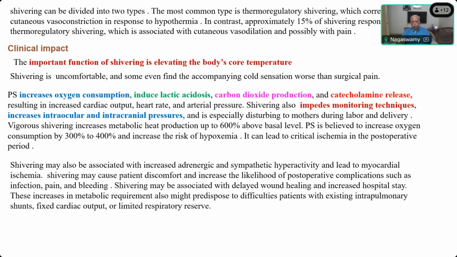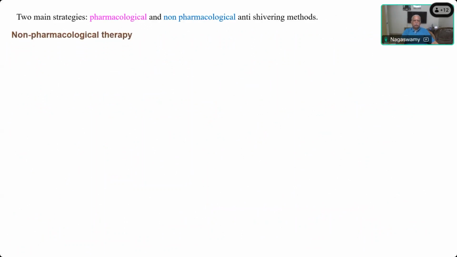It is also associated with delayed wound healing, increased hospital stay, and metabolic requirements predisposing to intrapulmonary shunts and decreased respiratory reserve. How do you treat that? Any therapeutic strategies? Two main methods: you can classify them into pharmacological and non-pharmacological anti-shivering methods.